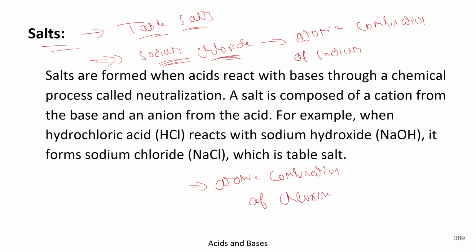So this is the basis behind the formation of sodium chloride. If it is sodium, and it is chlorine, when they both combine, they form sodium chloride. Got it? So it is the basic property of formation of sodium chloride, and sodium chloride is basically used in our common households. Got it?